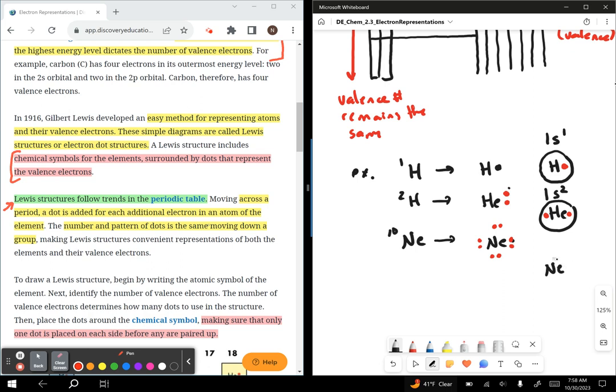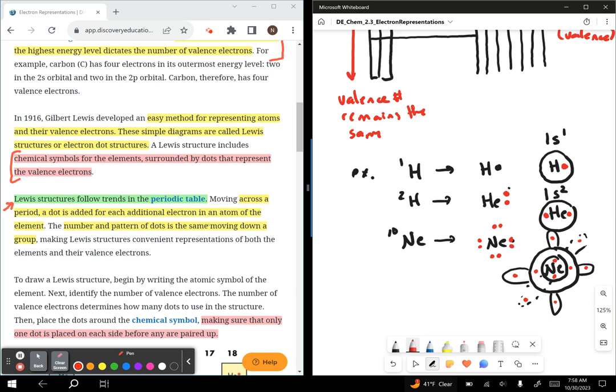Neon has a 1s shell, a 2s shell, and then 2p electrons. We got 1, 2, 3, 4, 5, 6, 7, 8, 9, and 10.